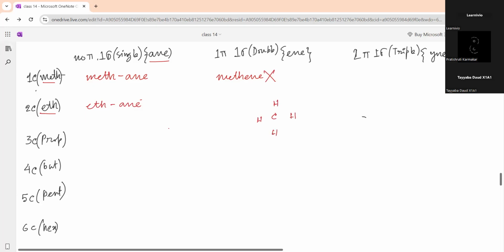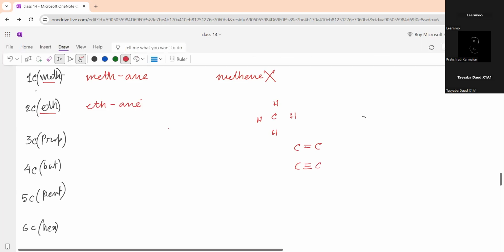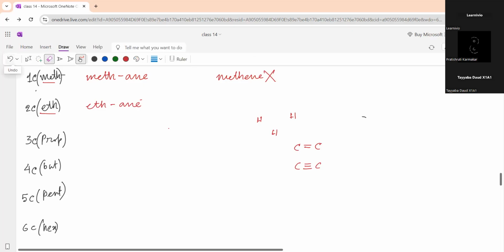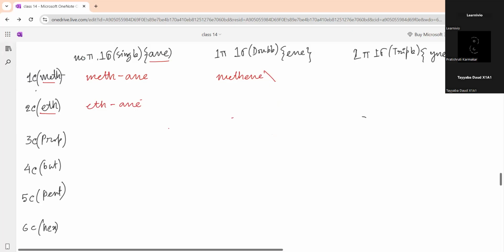To create a double bond or triple bond, we need at least one more carbon. So a double bond with only one carbon, or a triple bond with only one carbon, this doesn't exist.